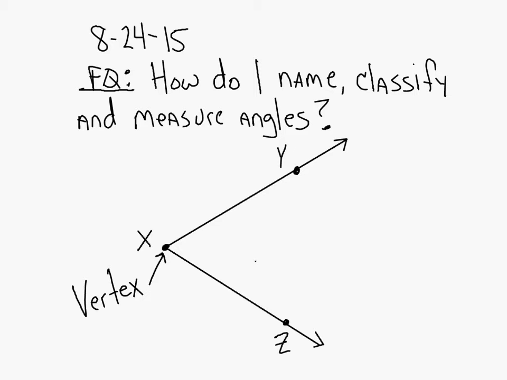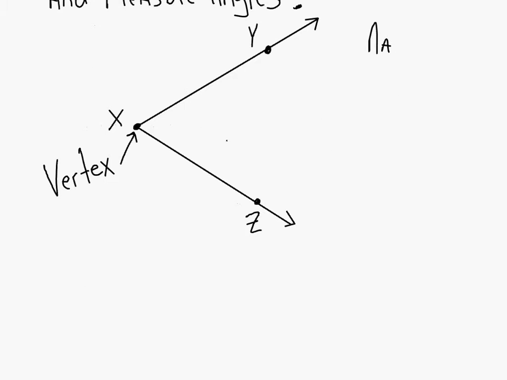When you're naming an angle, you use the angle symbol. In this case, we're going to call this angle YXZ. You can also call this angle ZXY.